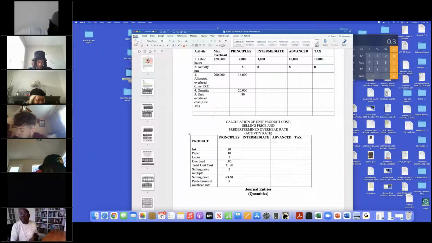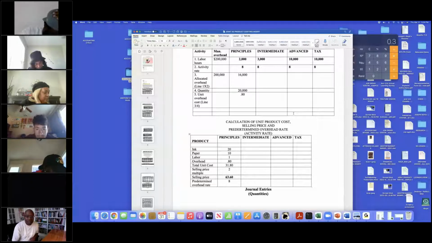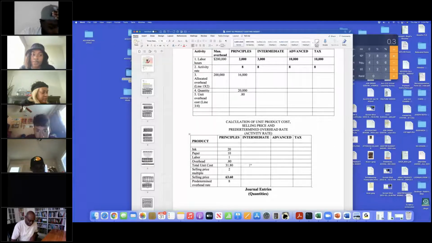Okay, how are we coming? Good. What is the unit cost for the intermediate book? Is it 63.60? What about for advanced?